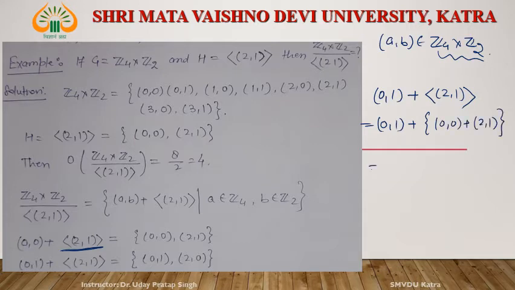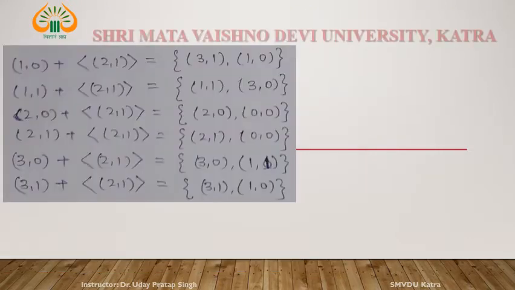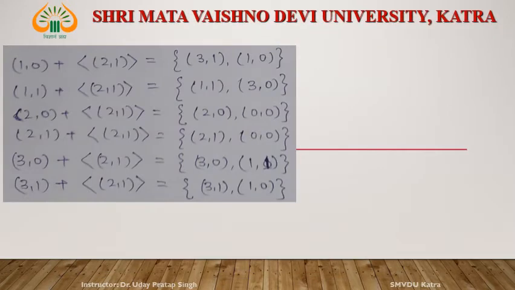Then (0, 1) plus (0, 0) is (0, 1), and (0, 1) plus (2, 1) is: 0 plus 2 is 2, 1 plus 1 is 2, and 2 in Z2 is equal to 0. Okay. Similarly, we can find the other elements, right?